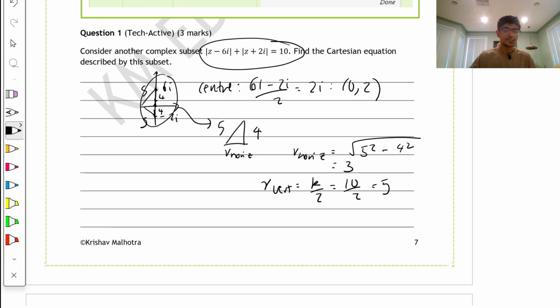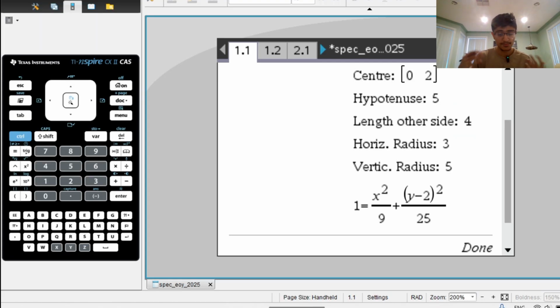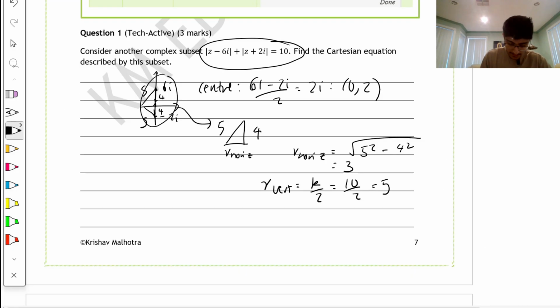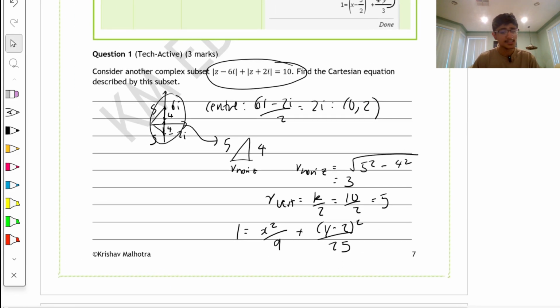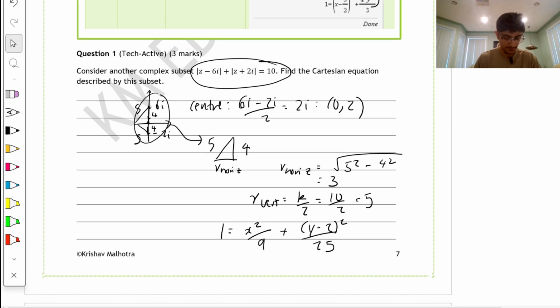Now that I've got my two radii and my center, I can just copy the Cartesian equation which my UDF gave me. So 1 equals x squared divided by 9 plus y minus 2 squared divided by 25. Cool, so that is how we do question 1. And yeah, we can save a lot of time by using the UDF.